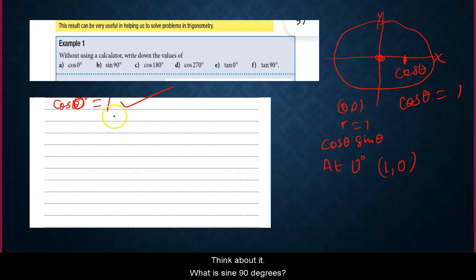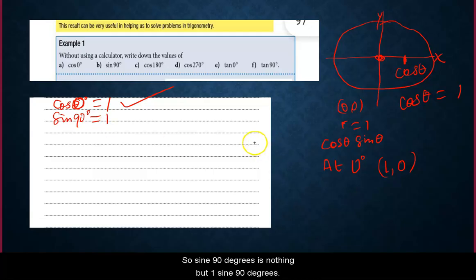Think about it. What is sine 90 degrees? Sine 90 degrees is the point on the unit circle, which is (0, 1) again. So sine 90 degrees is nothing but 1.